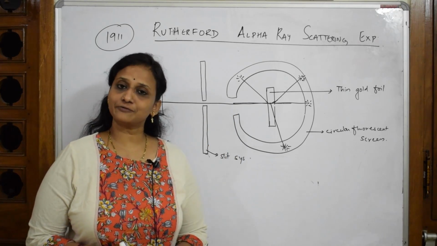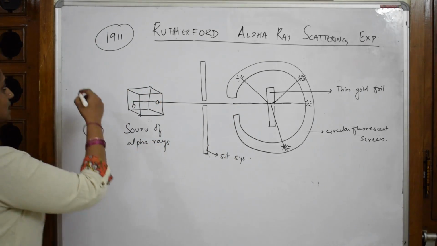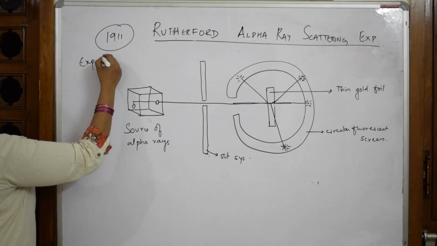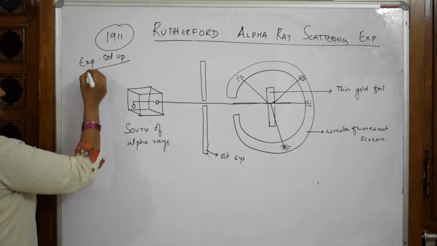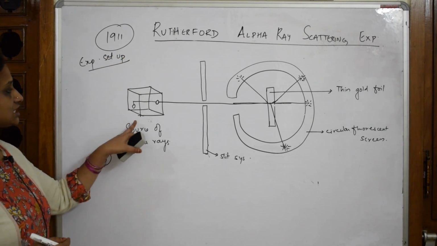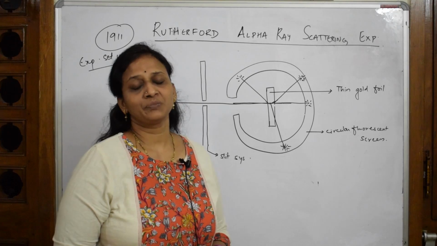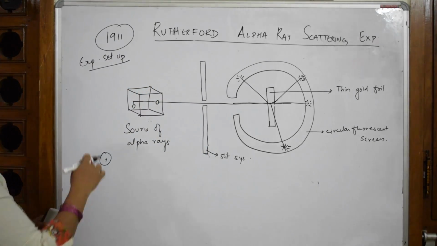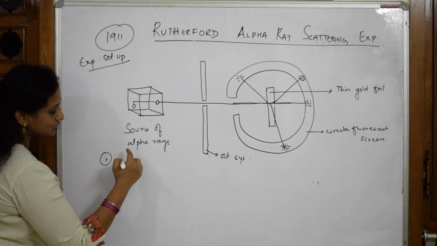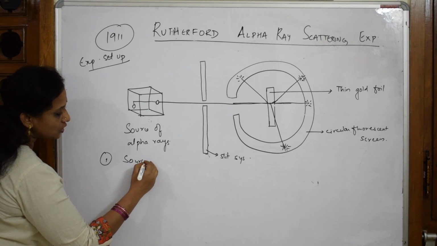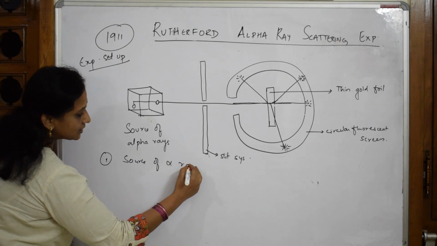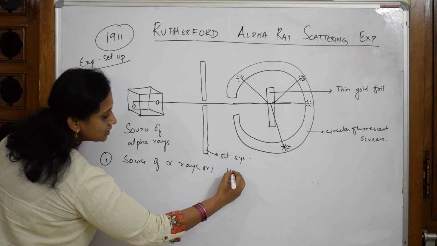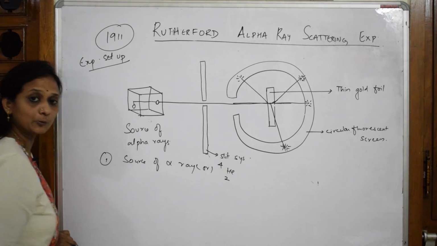So as I said, first is the experimental setup. In Rutherford's experiment, he picked up a source of alpha rays, the fast moving alpha ray, which is nothing but the helium nucleus, atomic number 2, mass number 4.